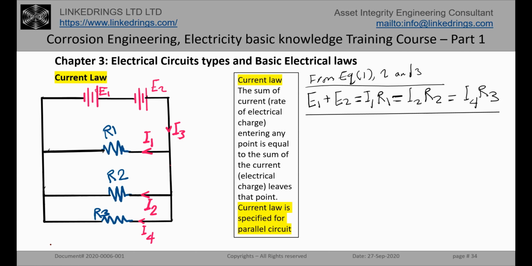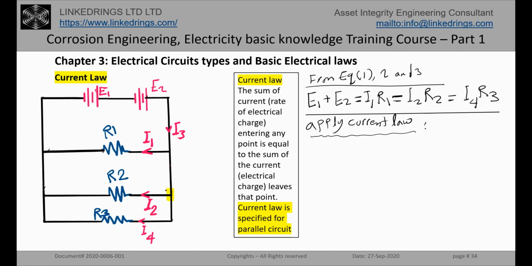The current law tells us the sum of the current, which is the rate of electrical charge entering any point, equals the sum of the current that leaves that point. So let's take each point one by one and see what that means. Let's apply the current law.